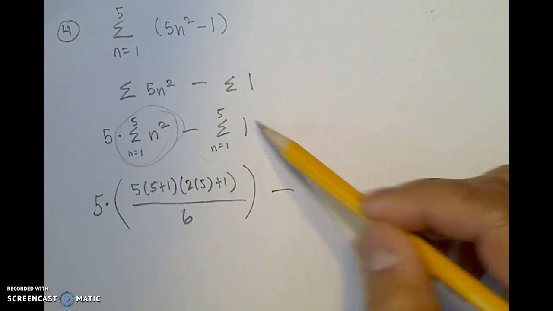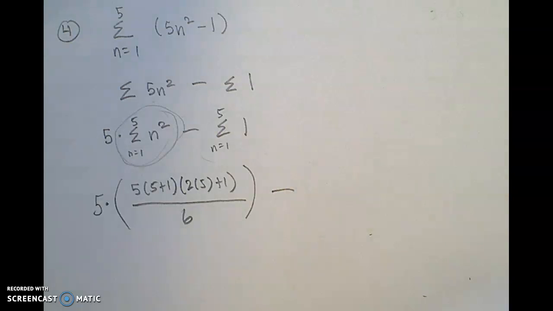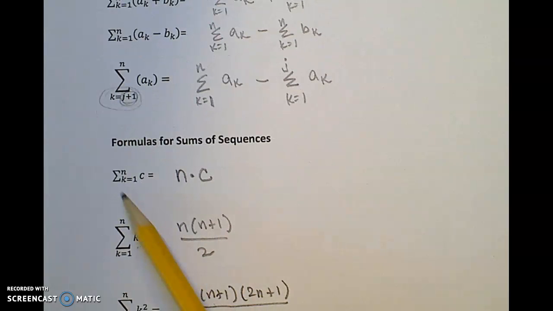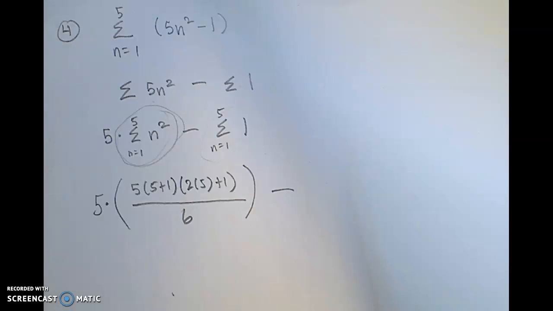This one is about a constant. Going back to our sheet for our formulas, when we're taking a summation of terms and we just have a constant, it's just n times c. So whatever the nth term is, times that constant.